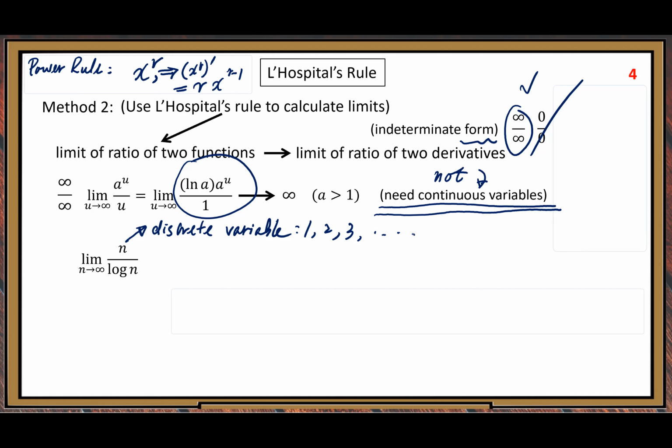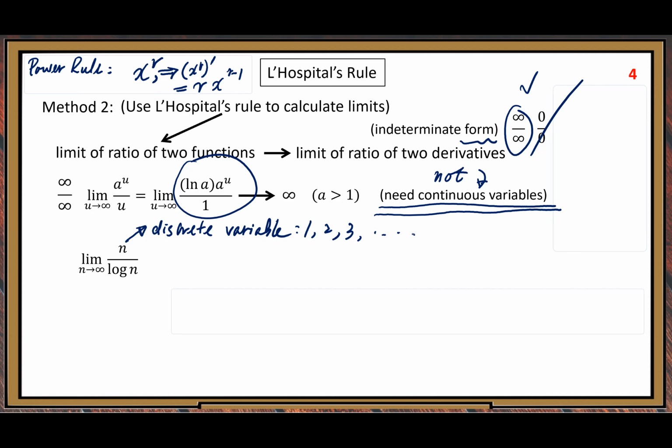So in order to solve this technical question, we need to convert this function to a form using a continuous variable.